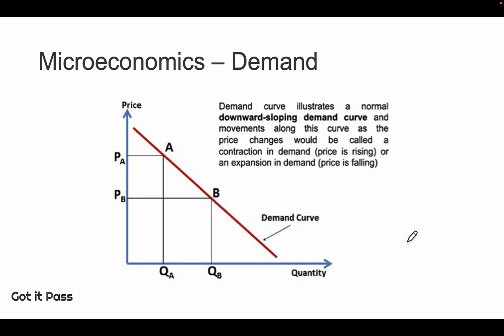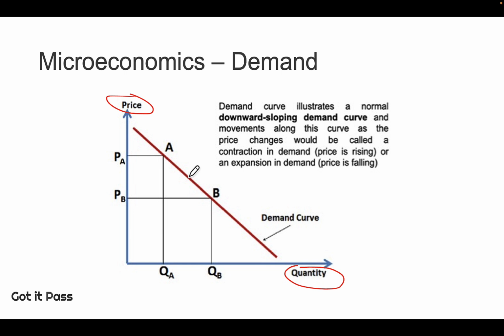So here is the chart to explain. It can give you a clear picture of the relationship between price and quantity demanded.